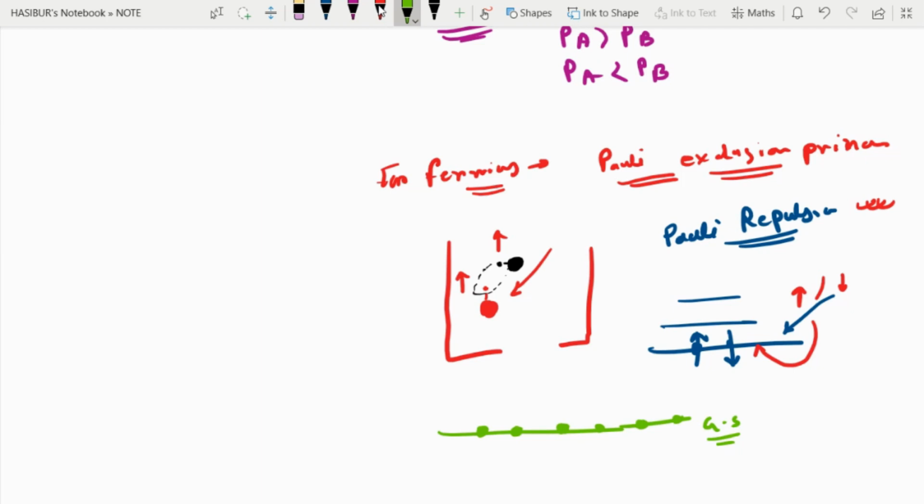If there is a repulsive force, that will generate pressure. So for the same systems, the box that has fermions inside it will generate more pressure.